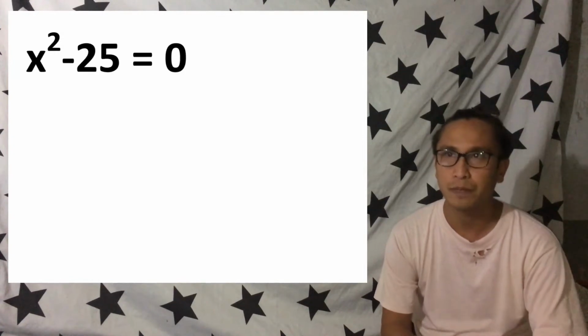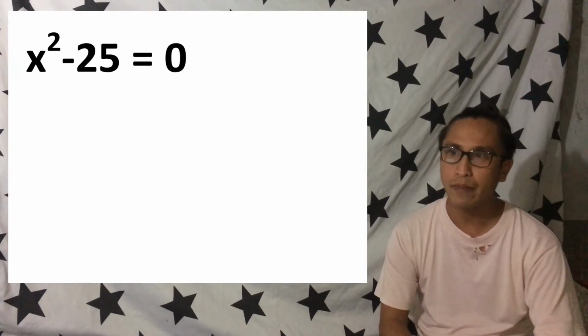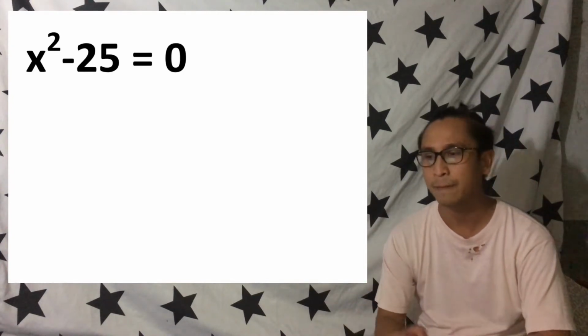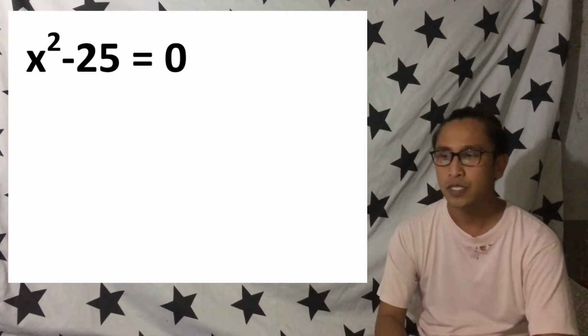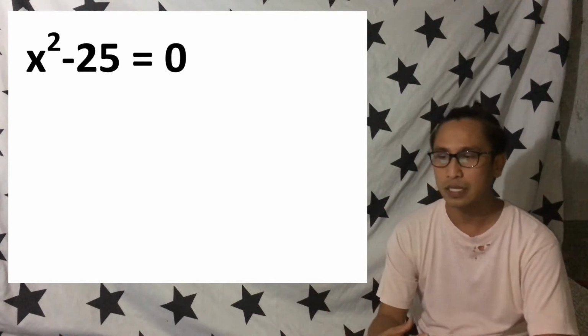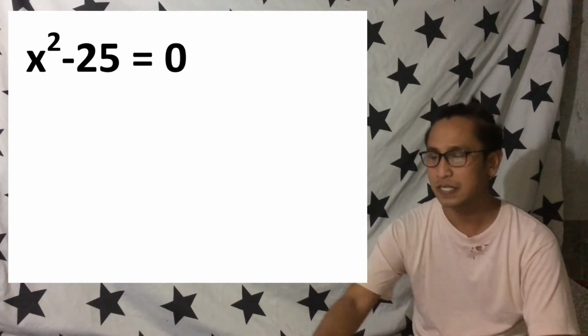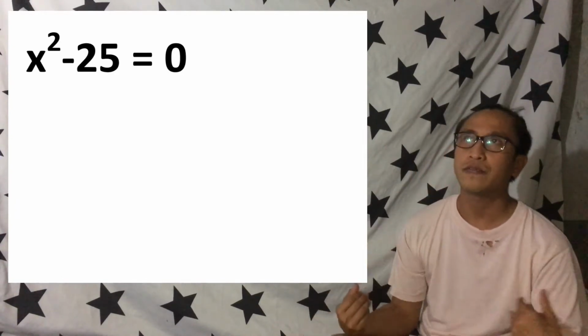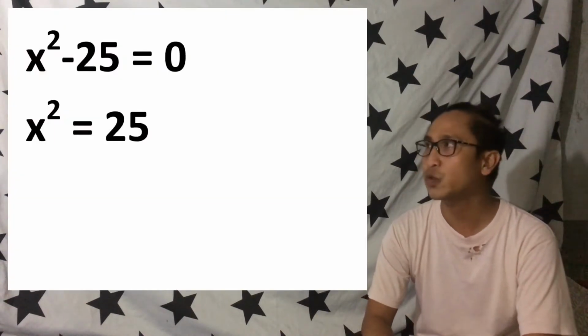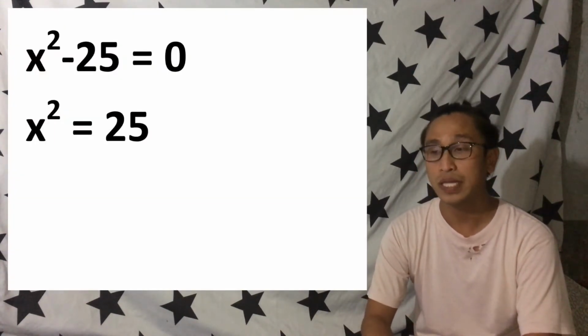I always make mention that when a term is transposed to the other side, the sign changes. So if it is positive, when transposed to the other side it becomes negative, and vice versa. So if negative 25 is transposed to the other side, this will become x squared is equal to 25.